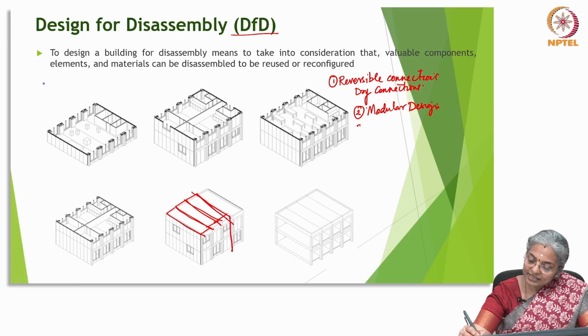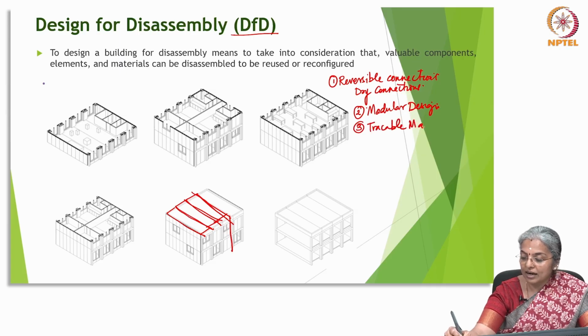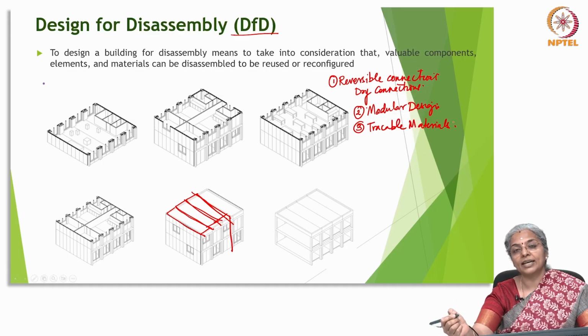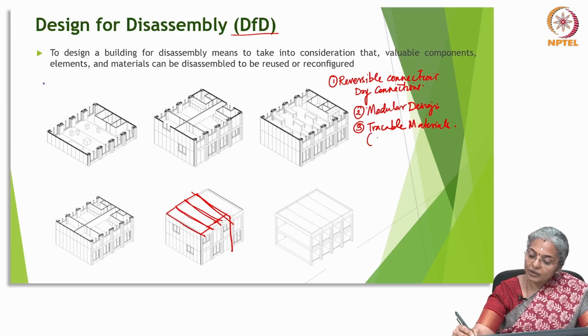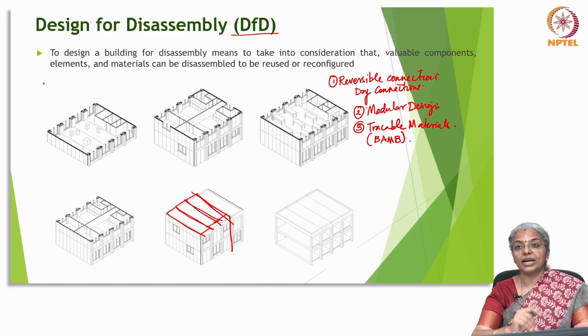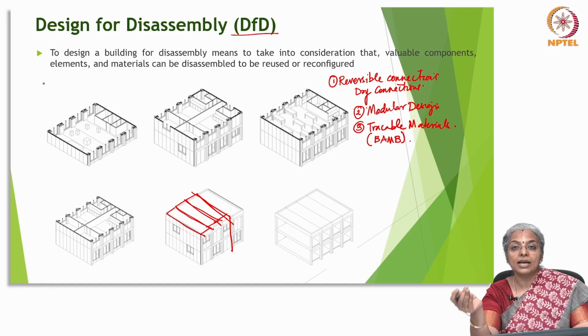And third is traceable materials. See, this is how each of the subtopics that you are studying now is linked. Traceable materials means building as material banks. So, you can trace where the material is.